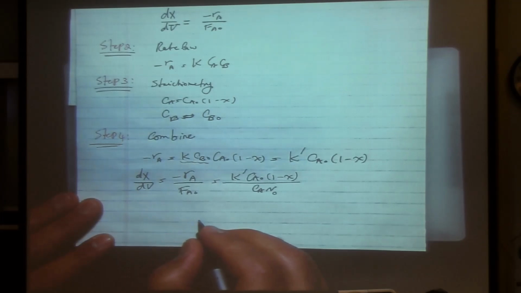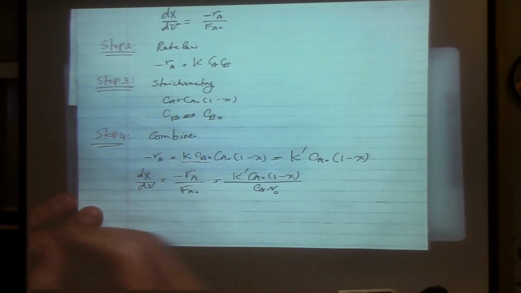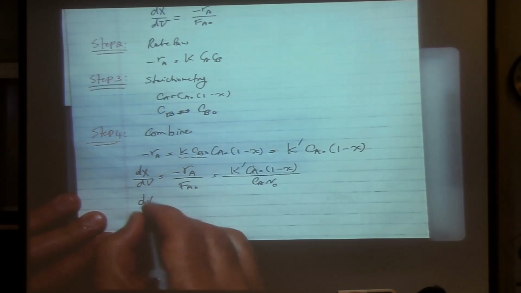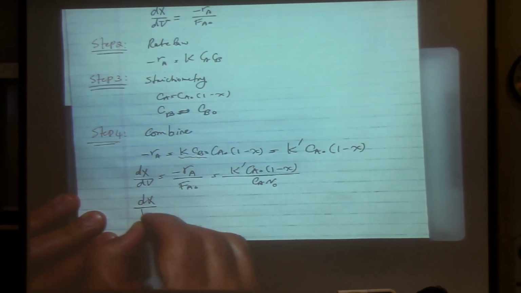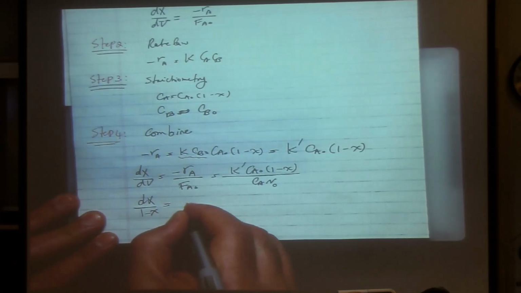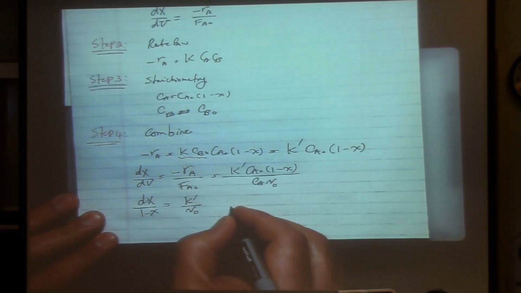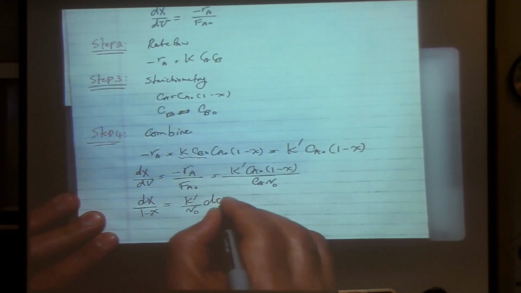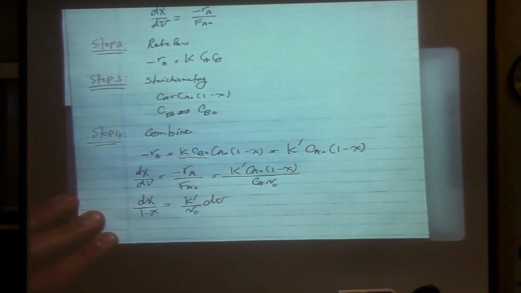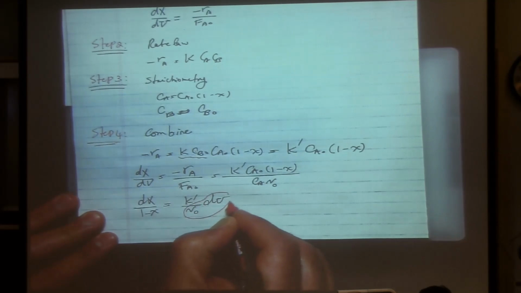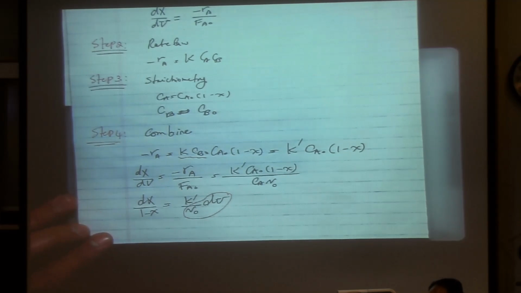And then if you isolate the terms, it would be dX over (1 minus X) equals k' dV over v0, and you know that is the definition of tau.